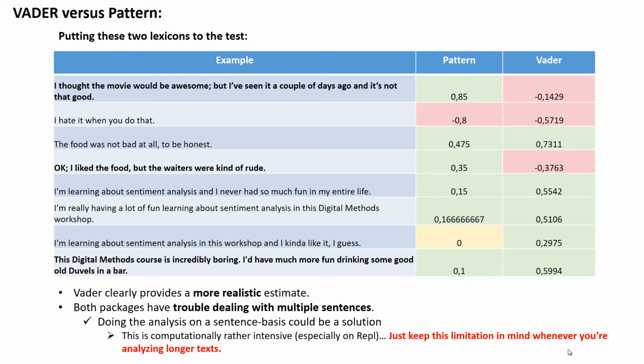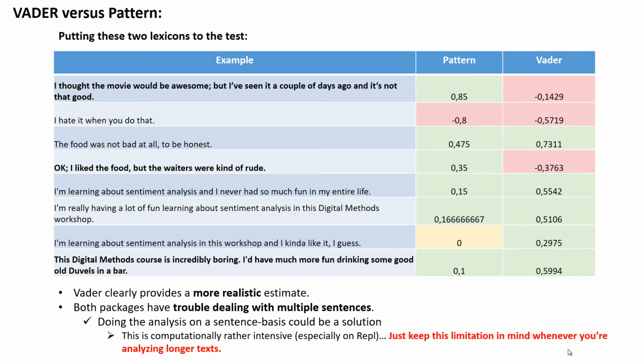Doing the analysis on a sentence basis could be a solution, because if we split the last text in two sentences, then the Vader module will probably be able to detect that the first sentence is negative and the second is positive. But it is computationally rather intensive, especially on REPL. It's next to impossible to analyze a large amount of text sentence by sentence.